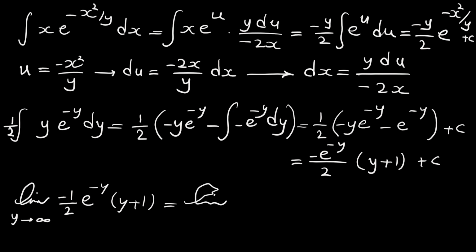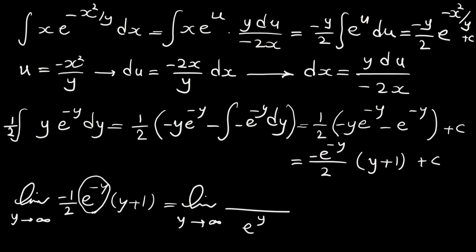Attention that simply we can write this expression as the limit as y goes to infinity. Because we want to use L'Hopital rule for finding this limit, I want to move this part to the denominator. E to the negative y goes to the denominator and we can write it as e to the y. And y plus 1 is in the numerator.